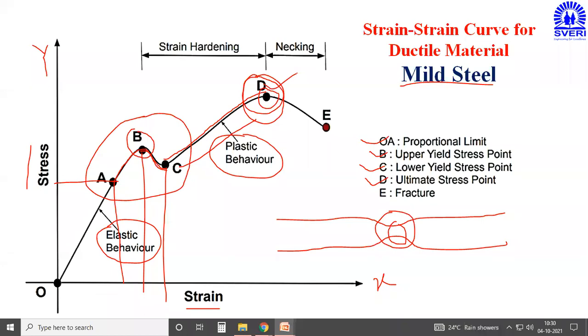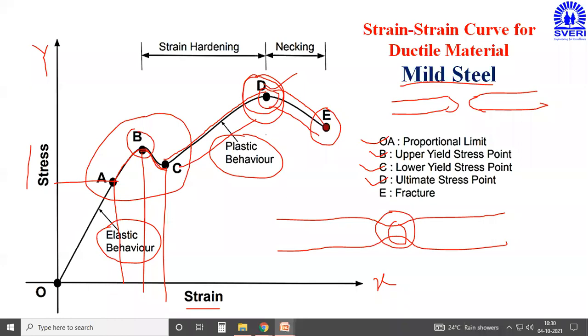Then again I will increase the load on the body, and suddenly there is a drop in stress value, there is a continuous increase in deformation, and at the end, at point E, the fracture will take place, meaning your body will break into two different portions like this. At point D the neck formation is visible, but there is continuously increasing force.